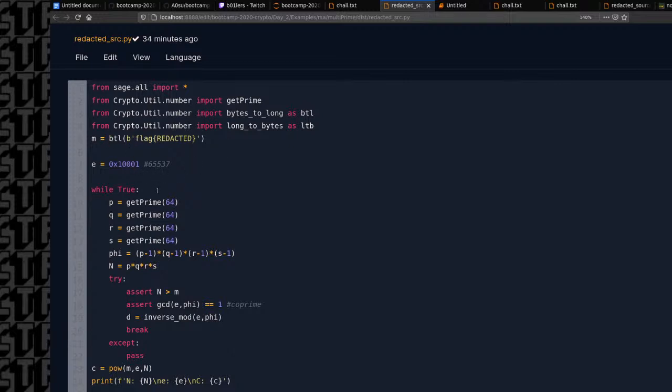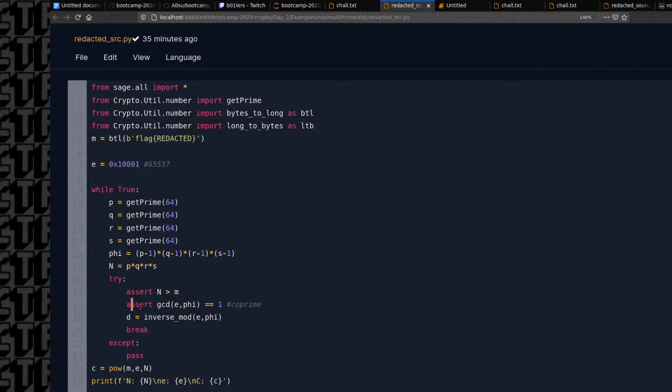Same value of e as before. So what we're doing here is we're going to generate 4 primes, all 64-bit. We'll calculate phi of that, which, as I said before, phi is a multiplicative function, so we can simply consider the case where we're using all 4 primes, take minus 1 of each, multiply the results, and then we'll calculate n.